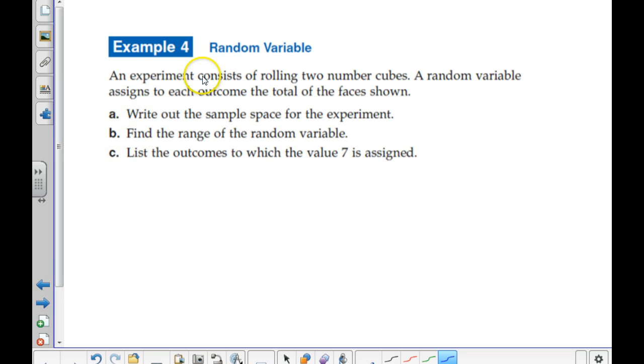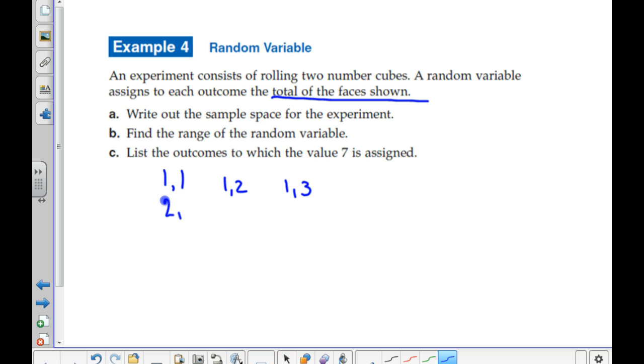Okay, an experiment consists of rolling 2 number cubes. A random variable is assigned to each outcome for the total of the faces shown. What are the total of all the dice? Ways that 2 dice can total up. Okay, so if you had to write out the whole sample space, you would have a 1 and a 1, a 1 and a 2, a 1 and a 3.